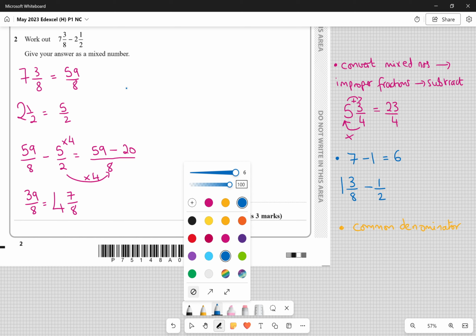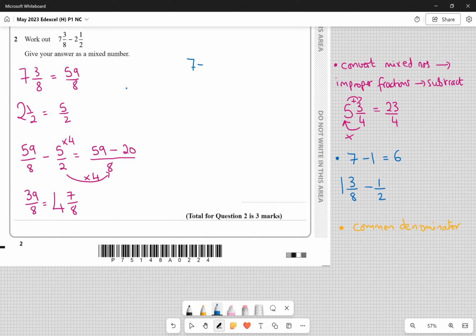So we're doing the 7, we took the 1 away from 7, so now we're left with 6. And that 1 that we took away, we're going to give it to the 3/8. And that 3/8 is now going to subtract the half. So once again, I have a mixed number, so I'm going to convert that into an improper fraction.